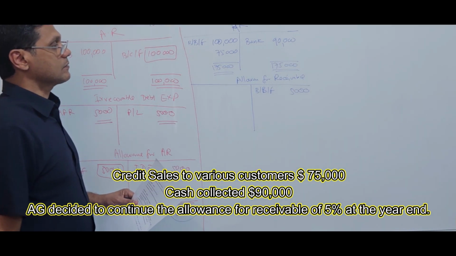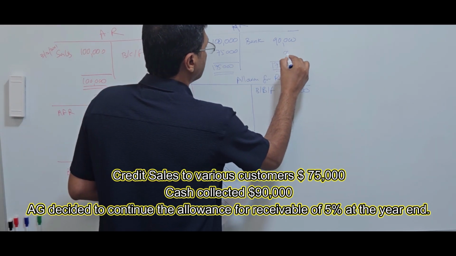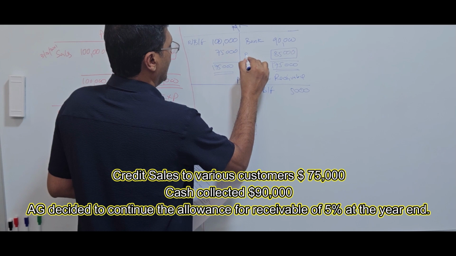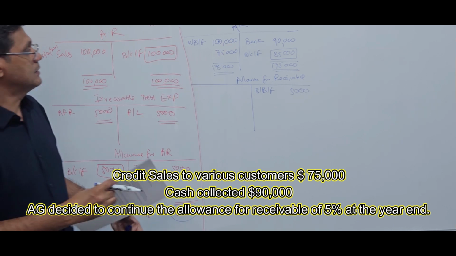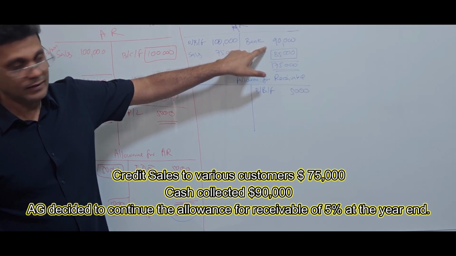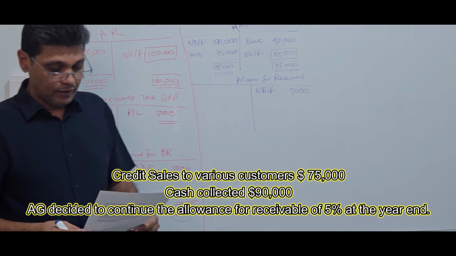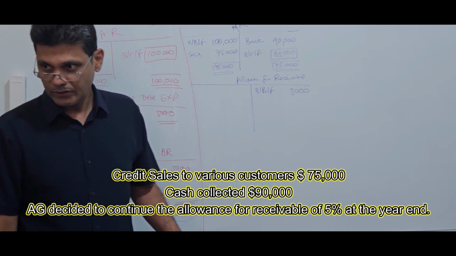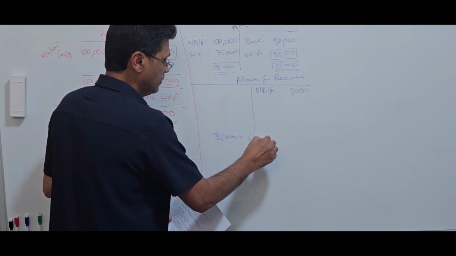So what is the balance? 175 minus 90, how much? 85,000. Balance carried forward 85,000. So 175,000 is sales, this is the bank collected, and 85,000. Is that correct? Now he wants to continue the provision of 5%. So 85,000 times 5%, how much?